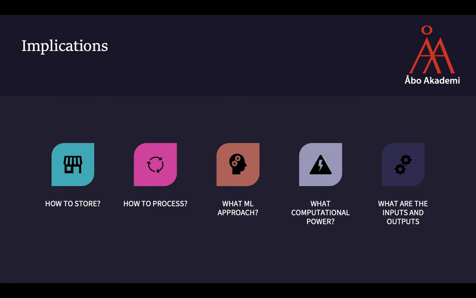What computational power you need to use. I mean, when you have high dimensional data, very probably you can't really get meaningful results with low computational power. And another important thing is also what the inputs and outputs are. You get the data set, but it doesn't always come with a tag attached to it that we are going to use this input to predict that output.